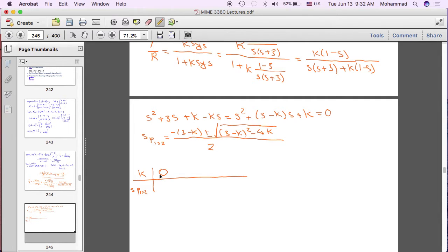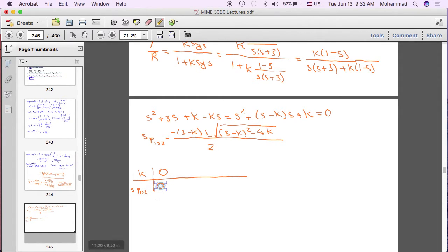So set K equal to 0, so you have minus 3 left from the first parenthesis, minus 3 plus minus square root of 3 squared, which is 3. So you have minus 3 plus 3 divided by 2, which will give you 0, and minus 3 minus 3 divided by 2 gives you minus 3.